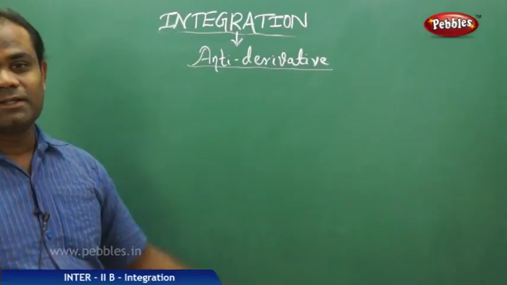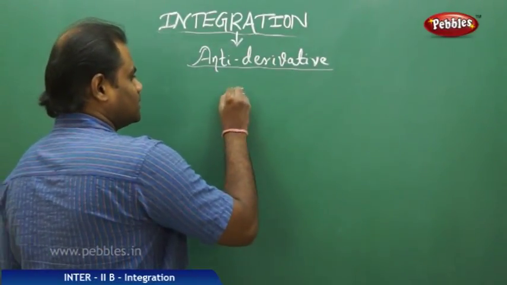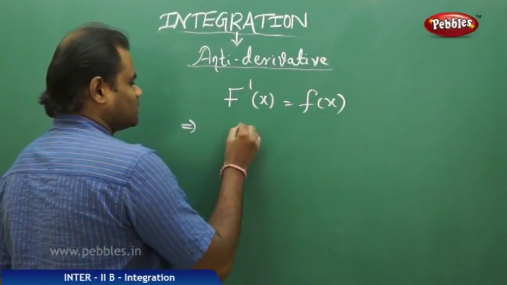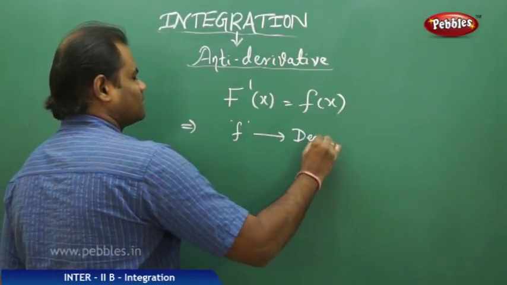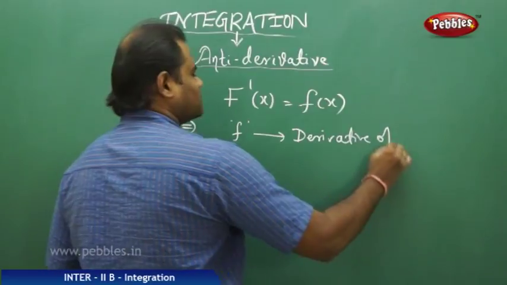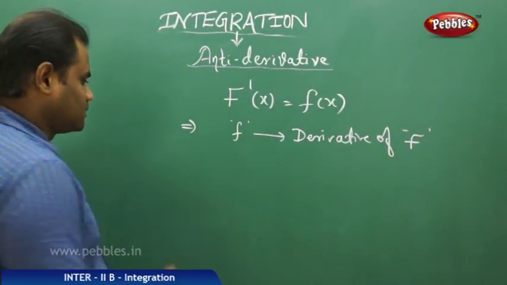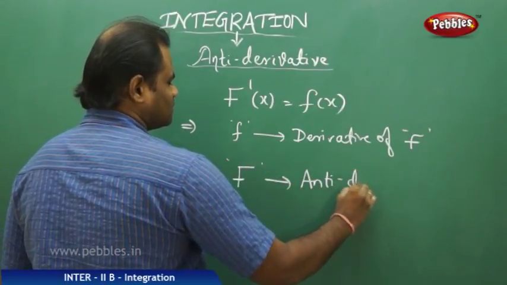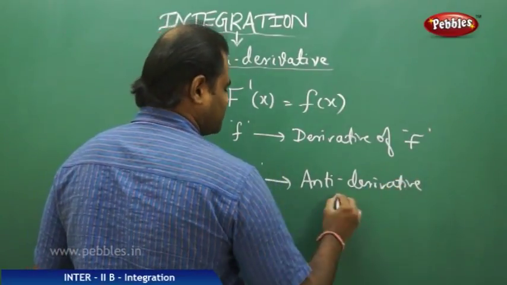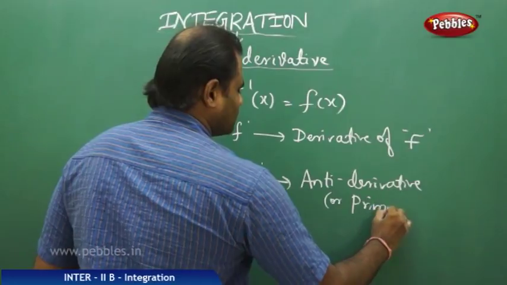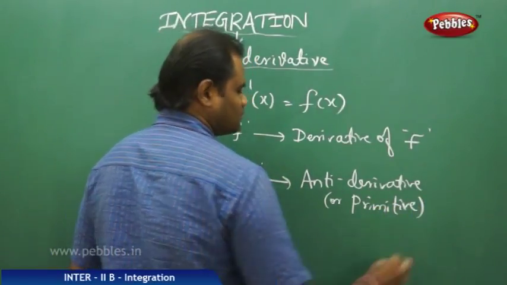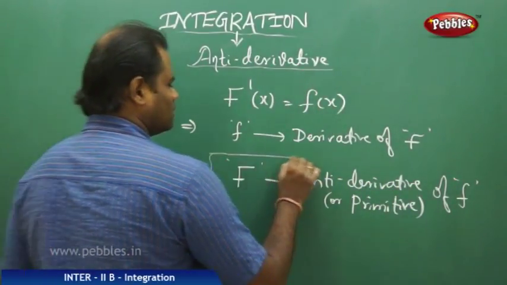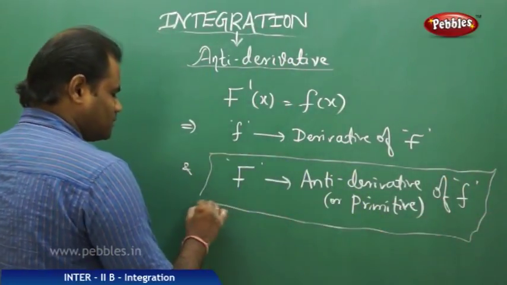So let's define the antiderivative of a function. That is, if F dash x is some f of x, that implies f is called the derivative of capital F, and this capital F is called the antiderivative or primitive of f, which is how we understand the antiderivative of the function.